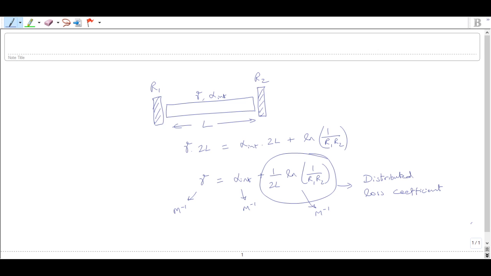So this lumped loss we are having to represent in some distributed manner, and that's why we call it the distributed loss coefficient. However, it needs to be noted that the distributed loss coefficient does not have a physical connotation. It is just the way we are representing it, so that it can be brought in along with the total losses inside the cavity to get to this particular expression. So hope that clarifies the question related to the distributed loss coefficient.